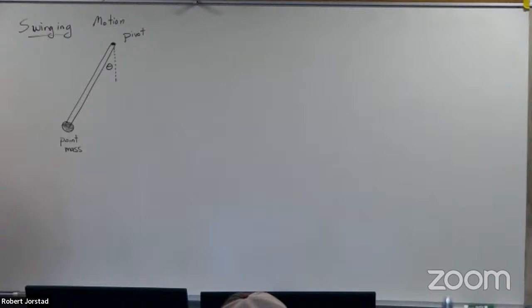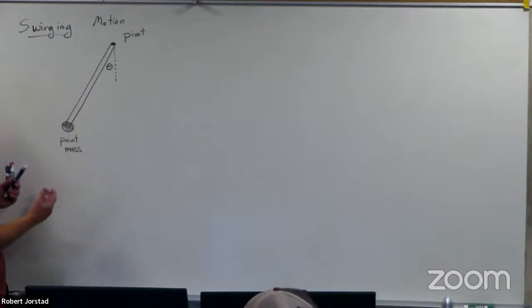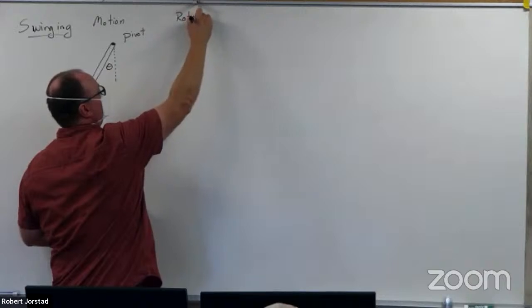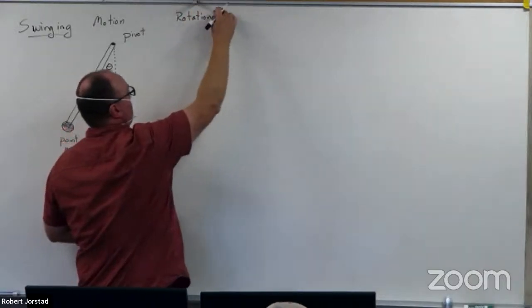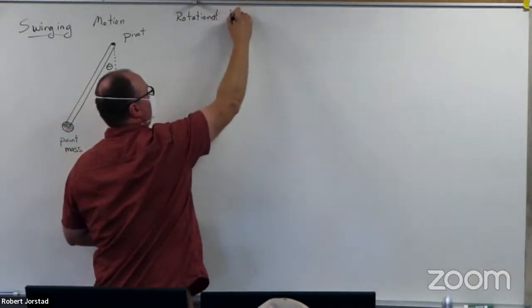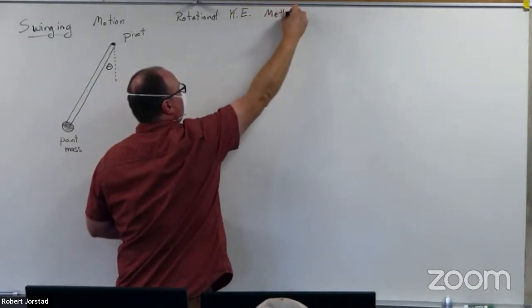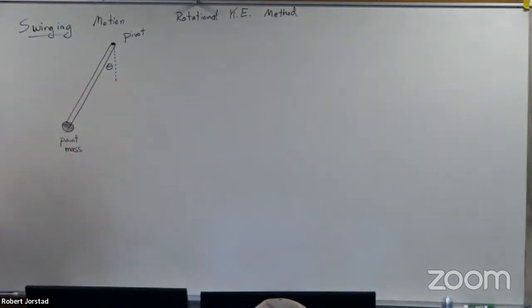Okay. Now, in this case, what's critical when we're doing energy motion, swinging motion, and I'm going to say rotational kinetic energy method. What's critical is when something like this is moving, we need to know where the center of mass is.